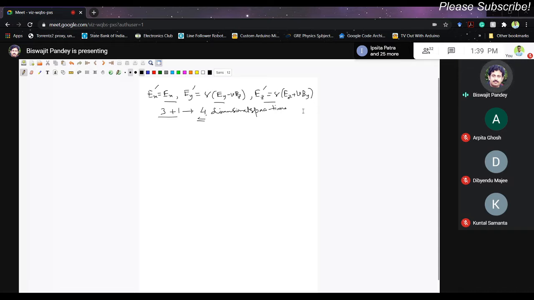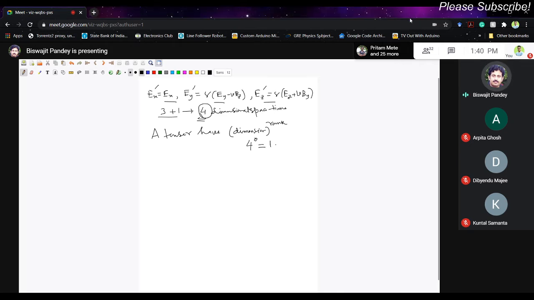Depending on the dimension you are working in, a tensor can have dimension to the power rank components. So if we are working in four dimensions and have a rank 0 tensor, that means we have one component. That's a scalar.